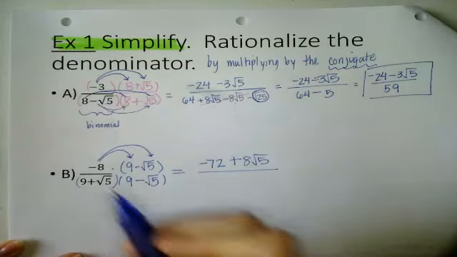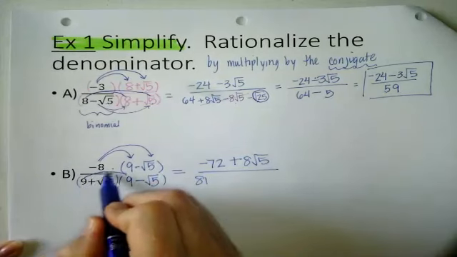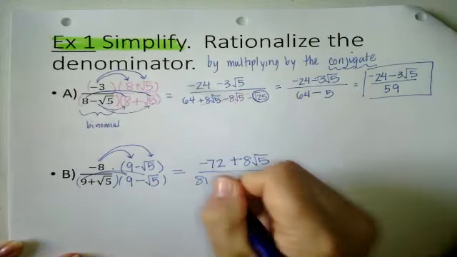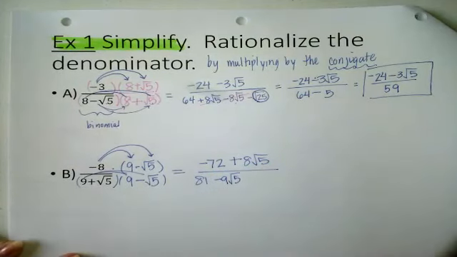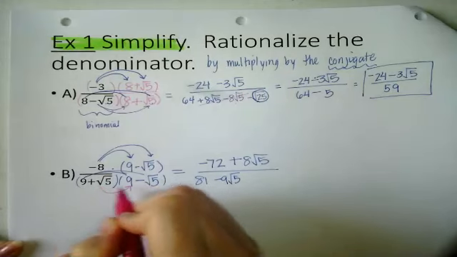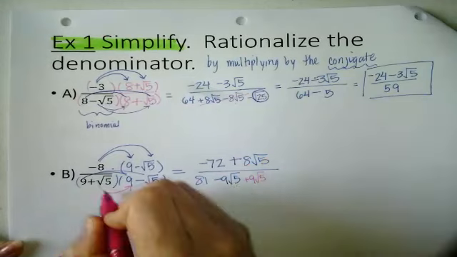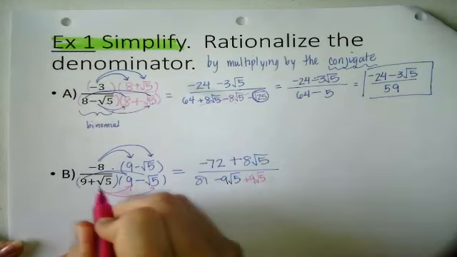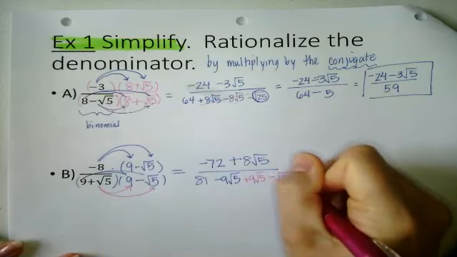In the denominator, 9 times 9 is 81. 9 times negative radical 5 is negative 9 radical 5. Distributing the radical 5, radical 5 times 9 is positive 9 radical 5. And radical 5 times negative radical 5 is negative radical 25.